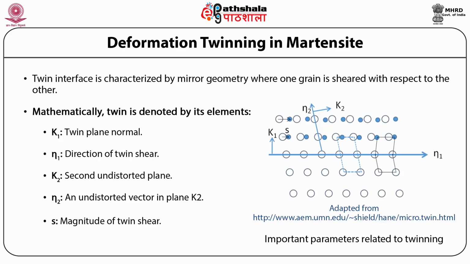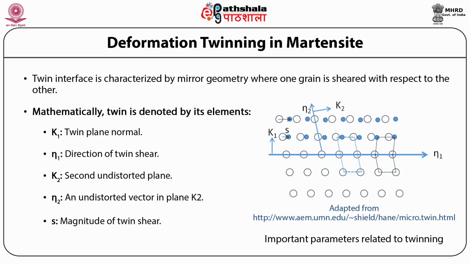Now, students, note that in the figure, the open circles and the closed circles represent the lattice points. If a twin is formed, then both the open circles and the closed circles must have the same crystal structure.